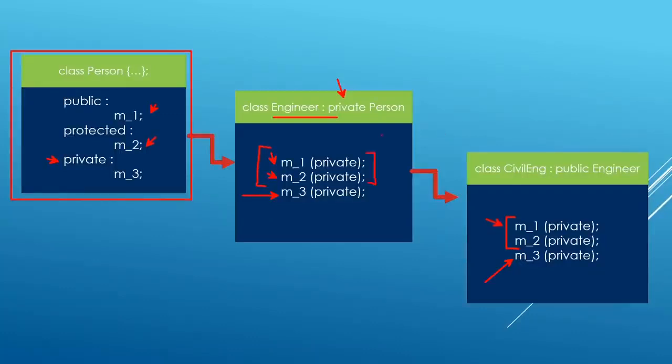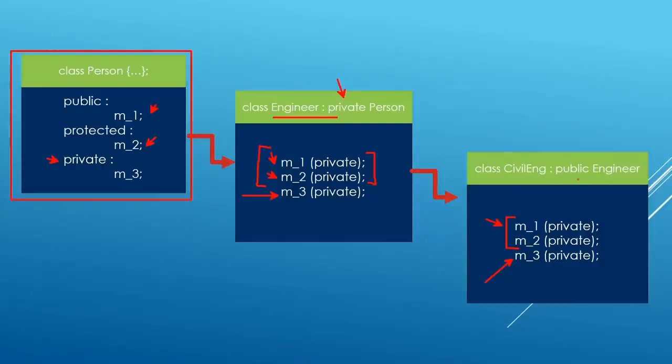Another way to look at this is to see that the engineer class is really selfish. It is saying, I am going to take everything I can get from my parent classes because I am inheriting privately, but nobody else will be able to take things from me because I'm going to make them private to myself.